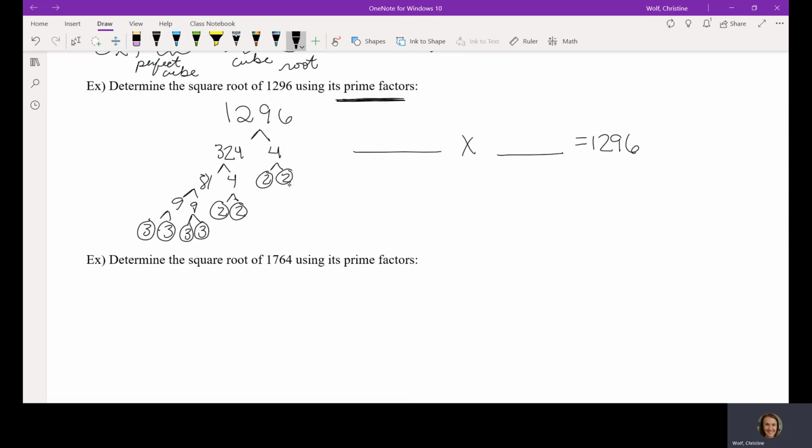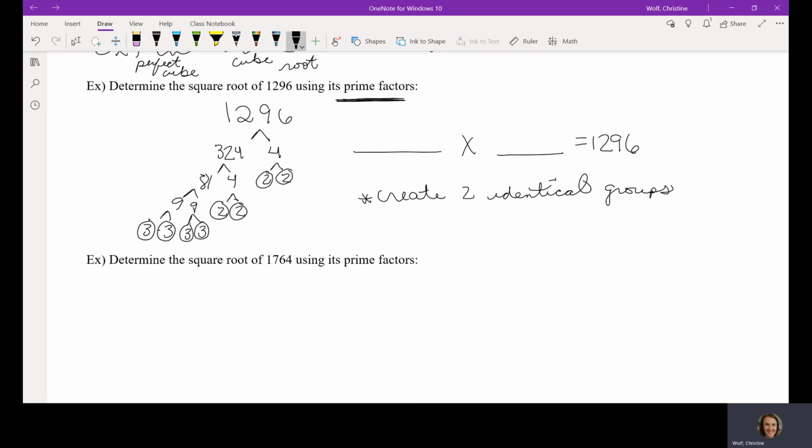What we do is we take our prime factors and create 2 identical groups. So I have 2, 2, 2, 2, 3, 3, 3, 3.